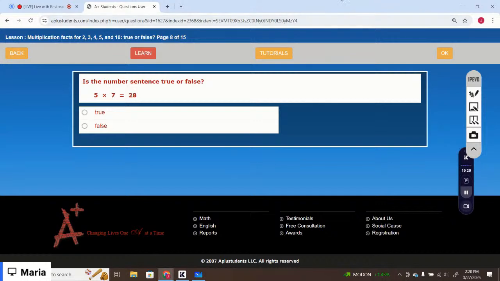Five times 7 equals 28. False it is. Okay, you can complete the lesson by yourself later. Let's just move on to the next lesson.